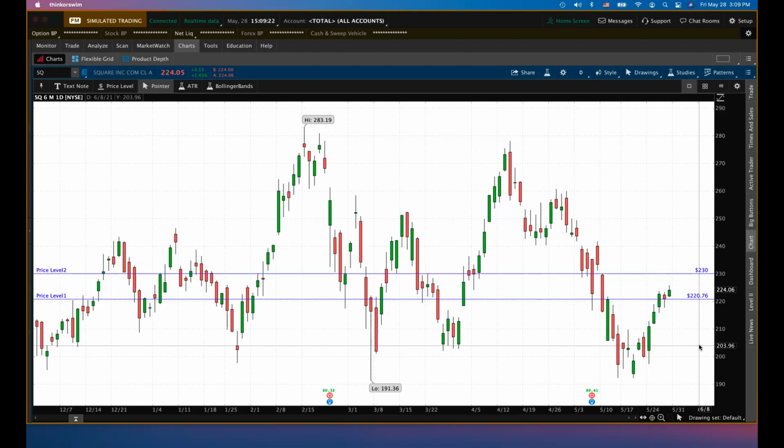Yes. Okay, so what is the strategy that we can employ when we have a thesis that the price is going to remain below $230? The correct strategy to employ when we have that feeling or information is that we want to sell a call credit spread, CCS.